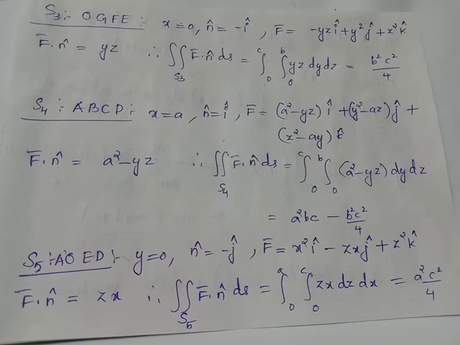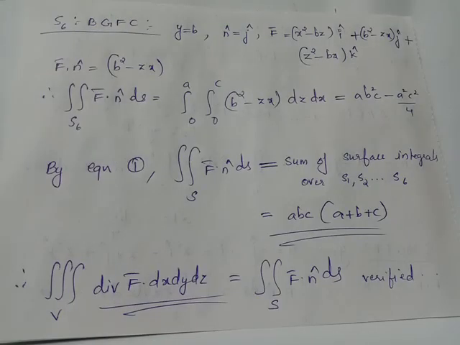Similarly, when you evaluate surface integrals along S5 and S6, ds is replaced using dz dx because S5 and S6 lie in the zx plane. When you add up all the surface integrals evaluated over S1, S2, etc. up to S6, you obtain abc into (a plus b plus c), which coincides with the already evaluated triple integral over V of divergence of F bar into dV, and hence the Gauss divergence theorem is verified.